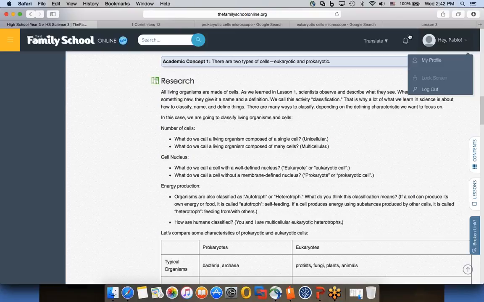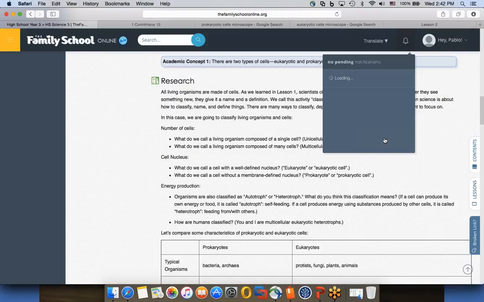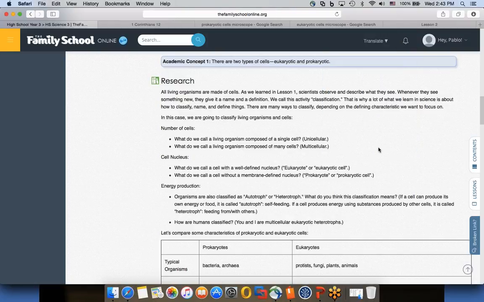Also by the type of reproduction. That's right, Emmeline. You can also classify living organisms by the way that they reproduce. Very good. Whether they have a nucleus or not.